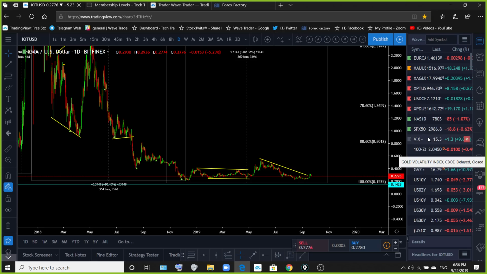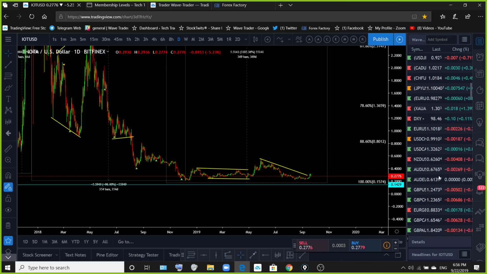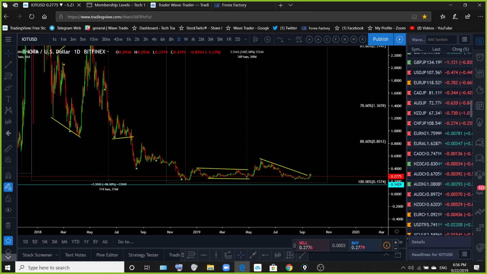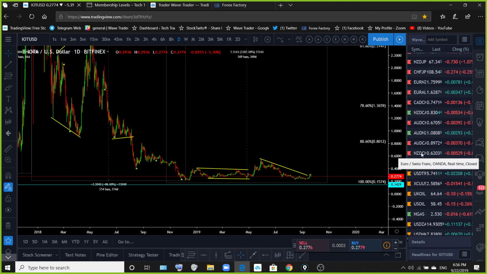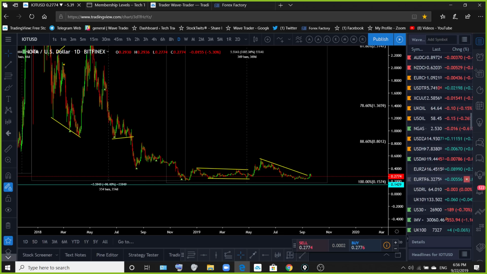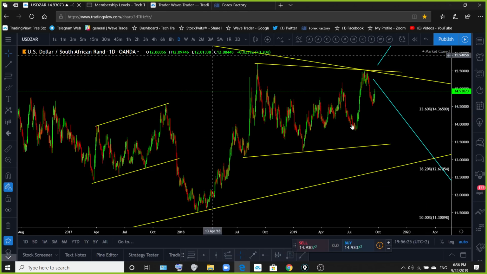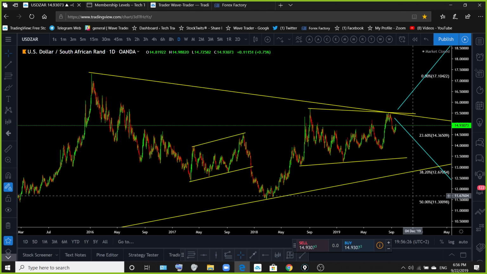So dollar rand. As I said before, if you are a seller on the dollar rand, make sure you trade with care. Dollar rand is in a strong trend for the upside. Any trade you take for the downside on the dollar rand, make sure you use a proper risk reward ratio or proper stop loss.